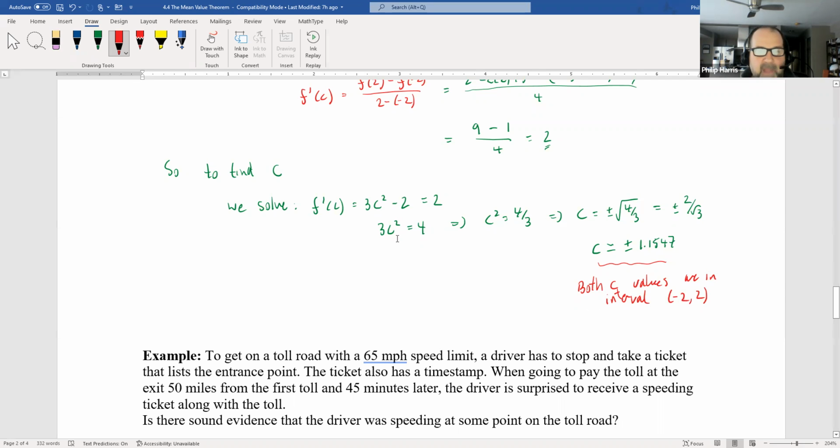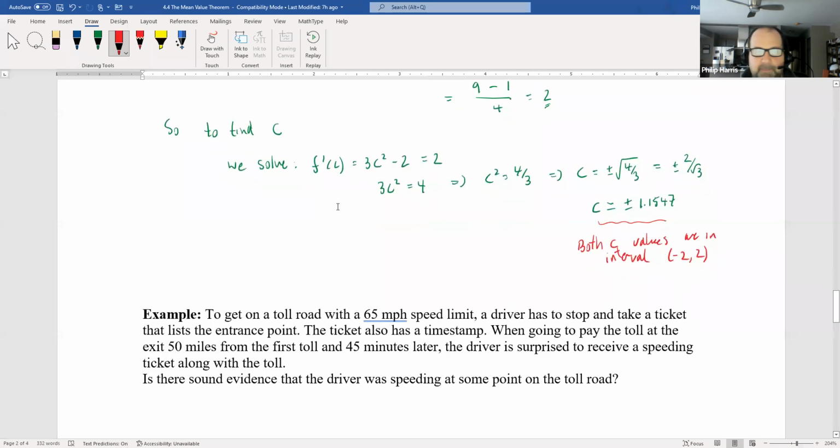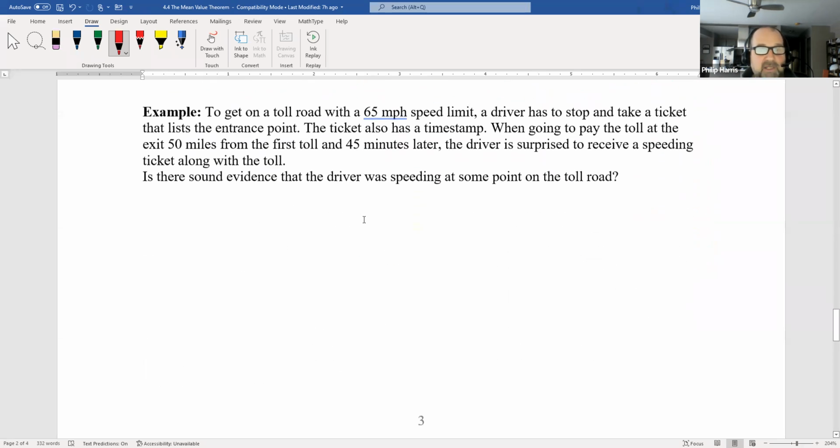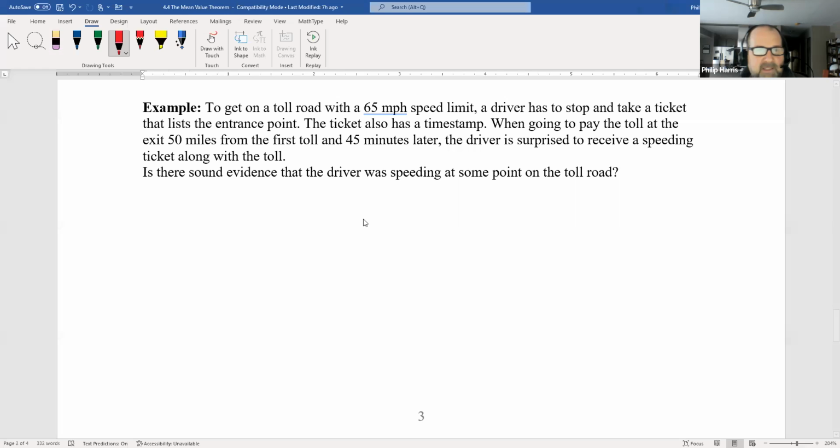Okay, so what remains here is just a couple of applications, an attempt to have an application example. I think this next question is fairly obvious, but there's a little arithmetic to do, but ultimately it is an example of the mean value theorem. So note here, to get on a toll road, which has a 65-mile-per-hour speed limit, a driver has to stop and take a ticket that lists the entrance point.